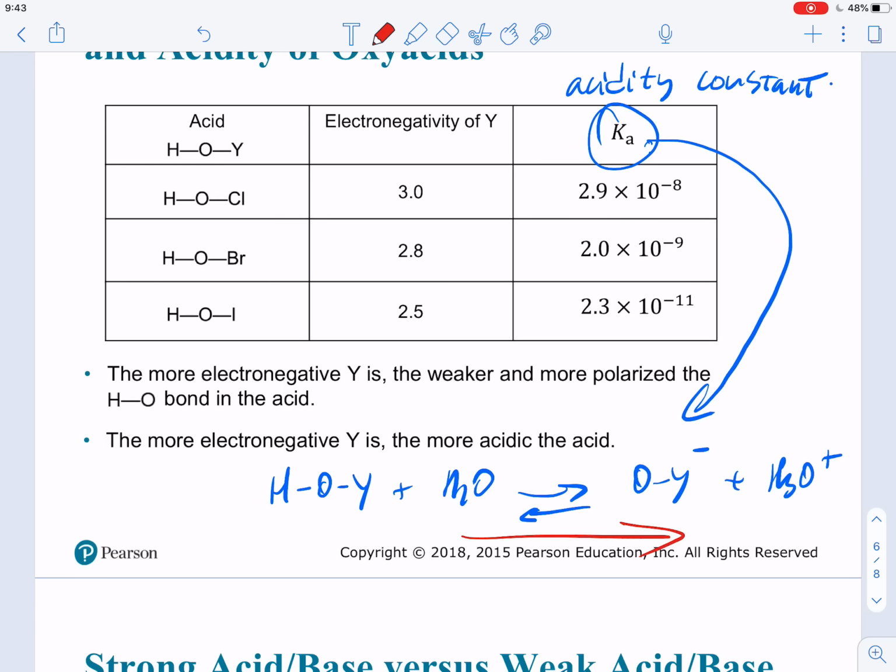And what you're looking at here is difference in electronegativities. For oxyacids, and this is very important, if the electronegativity of the central atom increases, Ka increases. And if Ka is a measure of the strength of an acid, then strength increases.